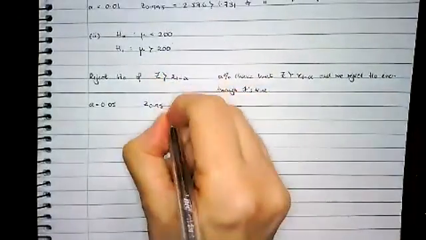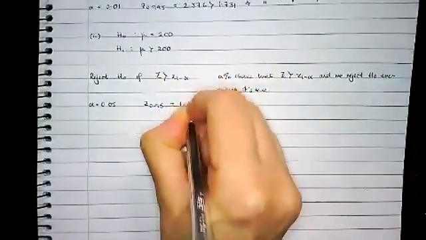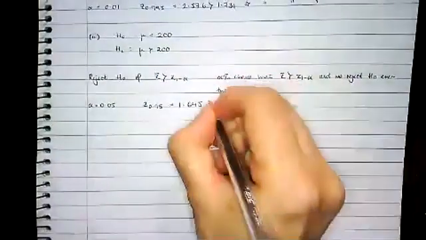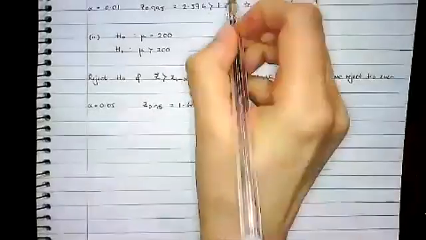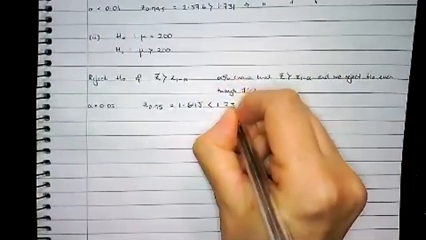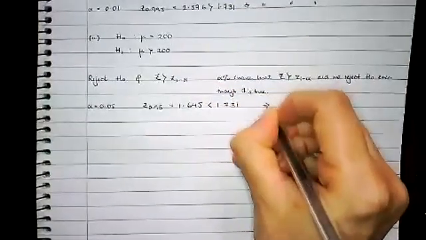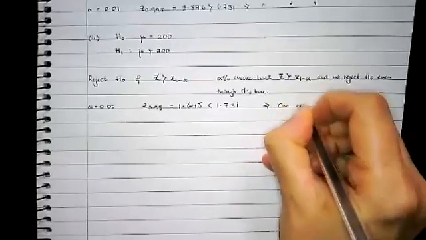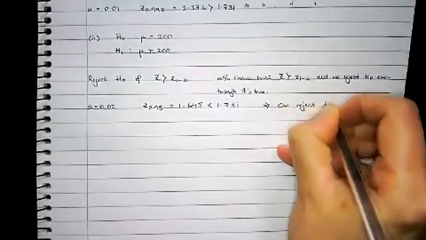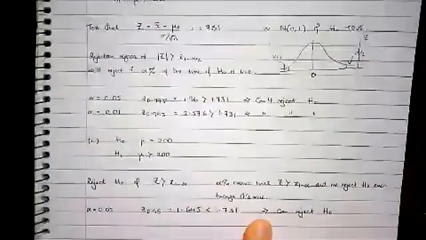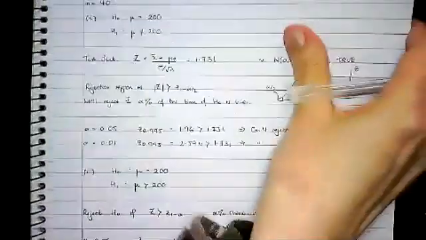Okay, which is 1.645, this one. And this is actually less than the value of z I calculated, the 1.731. So in this case, we can reject H0. Now, when we reject H0 like that, it doesn't necessarily mean that the true value of mu is not 200.